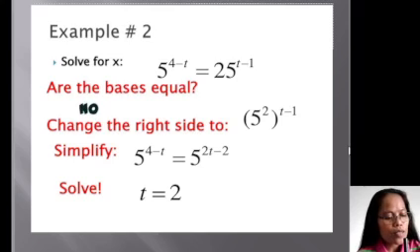And then negative t is equal to 2t minus 6. We will add... no. We will subtract 2t.